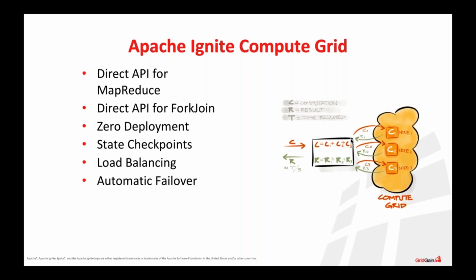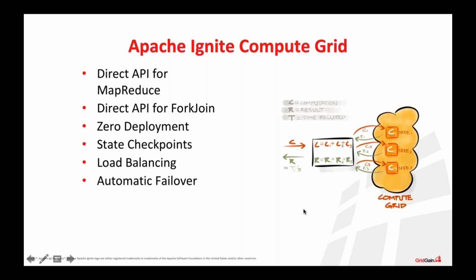The most interesting and valuable feature of the compute grid is zero deployment, which means that if you developed, let's say, your computation, you don't need to put jars and libraries with all these computations on all your cluster nodes.